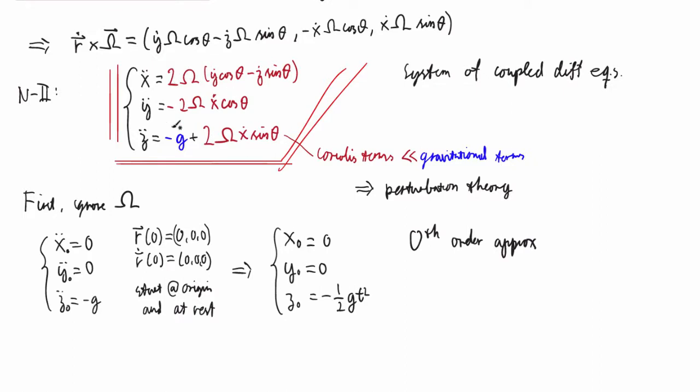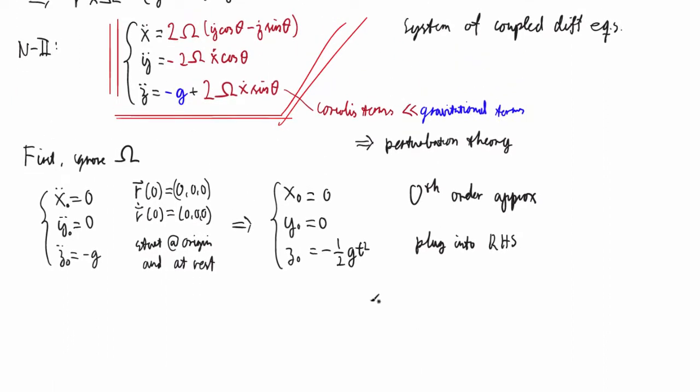I'm going to plug it back in on the right-hand side of this equation here and see what we get. So if we do that, we'll get x double dot equal to, okay, y dot, according to this solution, is 0. Z dot is not 0.